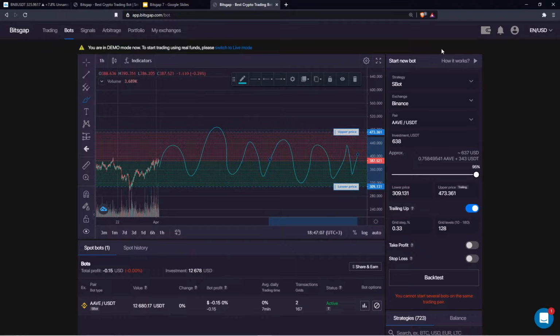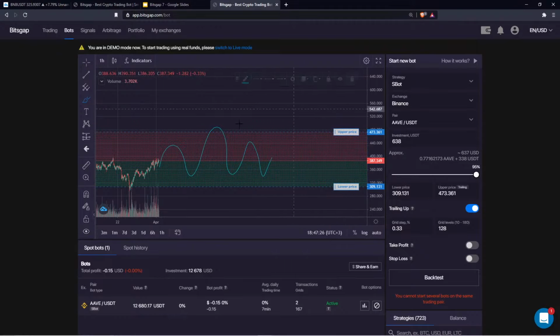And the best way to remember is the first letter is S, so you can think of it as the sideways market, so sideways bot, S-bot. So stick with the S-bot whenever you anticipate the market to swing within the sideways market formation.